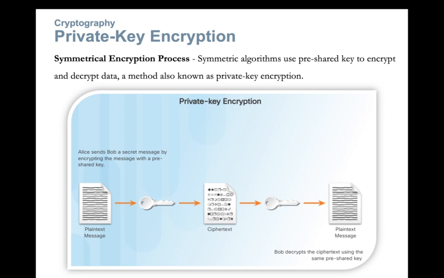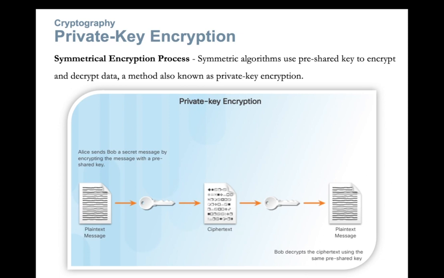She mails the box to Bob, that is, the ciphertext is mailed to Bob. The message is safe inside this box as it makes its way through the post office system. When Bob receives the box, he uses his key to unlock the padlock and retrieve the message.